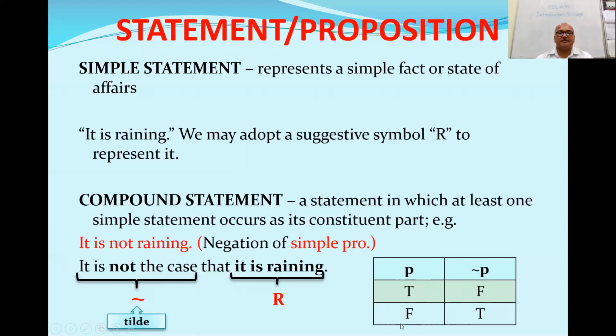And if a simple statement is false, then its negation becomes true. So this is the truth table to represent the truth value of any statement. And these things will become clearer when we proceed further.